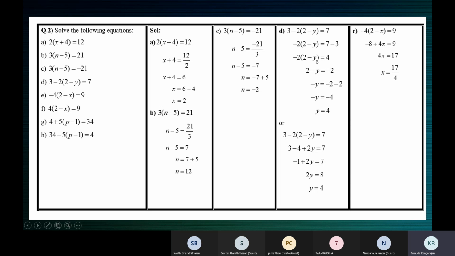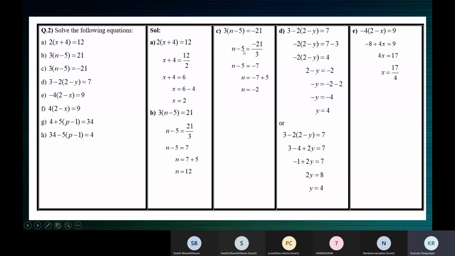Now, minus 2 and 2 minus y, they are in multiplication form. So far we've been transposing only numbers that are connected with the plus or minus sign. See here, if it's n minus 5, the connection between n and 5 is minus.